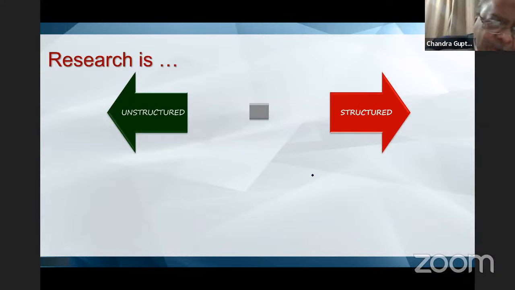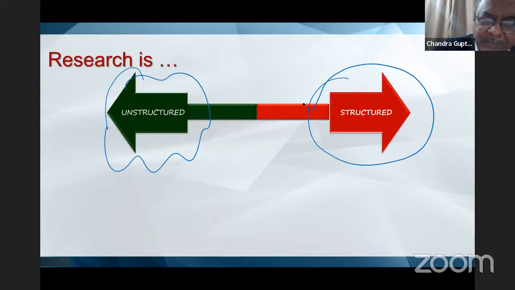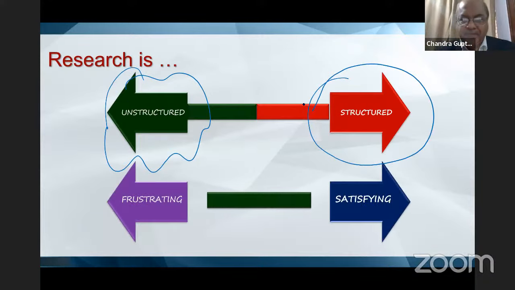Research is unstructured as well as structured. I mean, if you look at your journey, you will find it's unstructured.